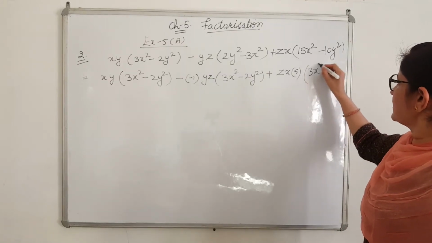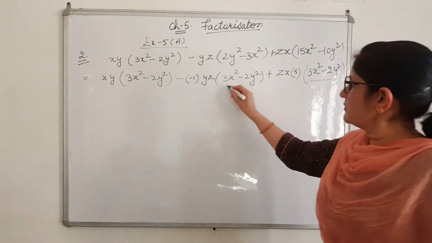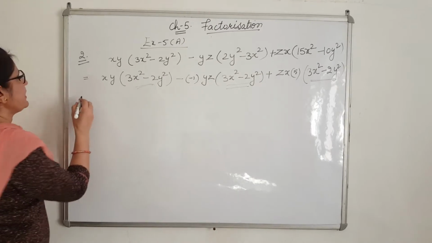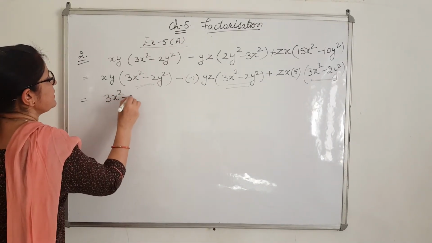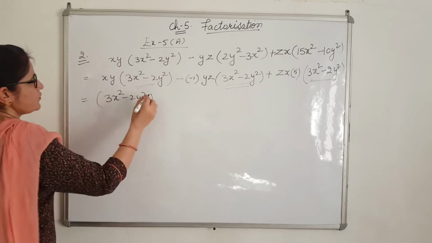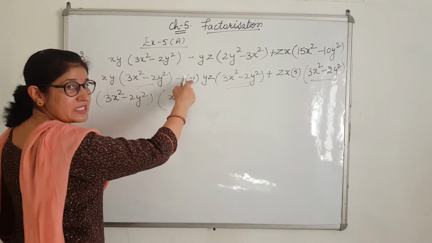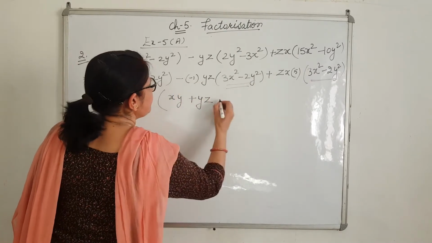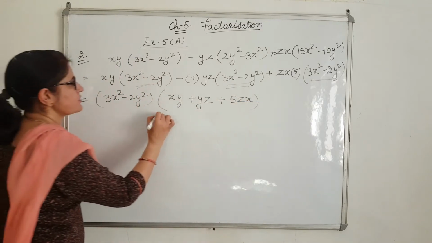So 3x² − 2y². Now this term is common in all three, so we will take 3x² − 2y² as a factor outside. Now what is the second factor? xy, minus minus plus, yz, plus 5zx. So this is the answer of our first question.